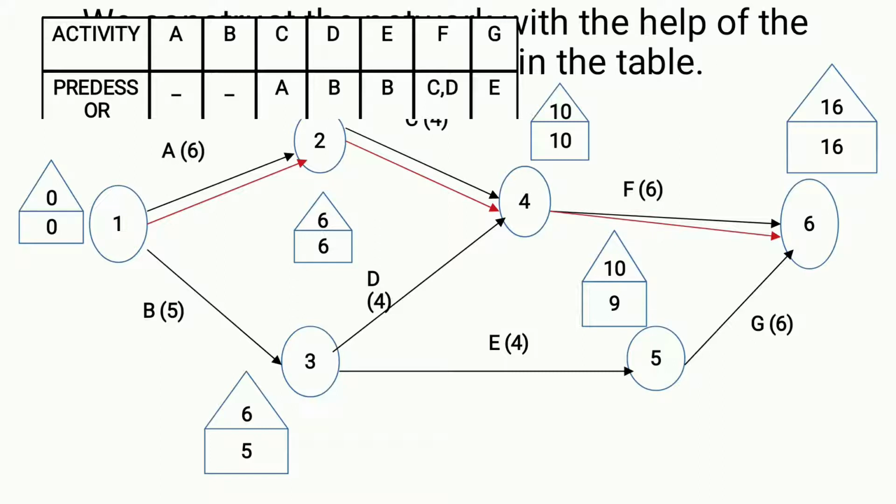I already told in the previous video, on network problems. Please go through that video, then you can get to know how to draw a network diagram with activities and predecessors. Here predecessors means before.